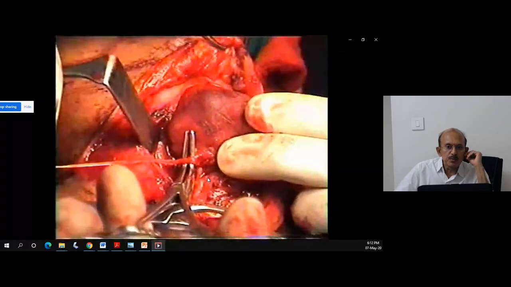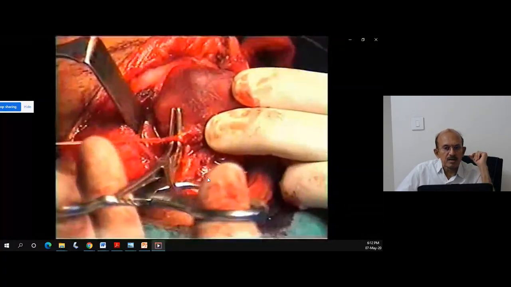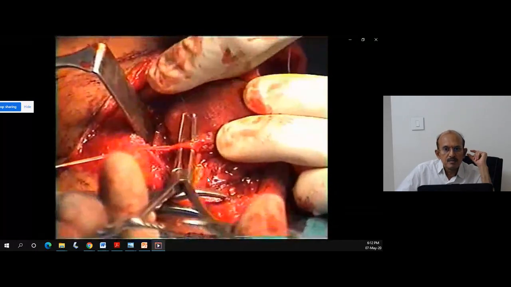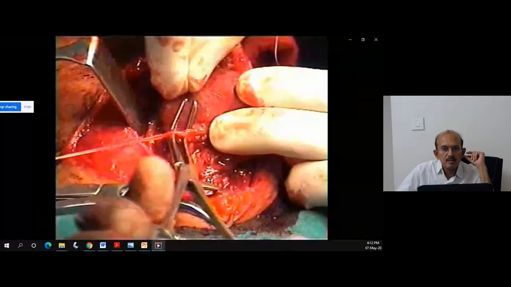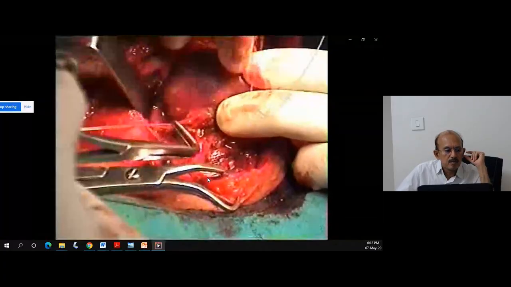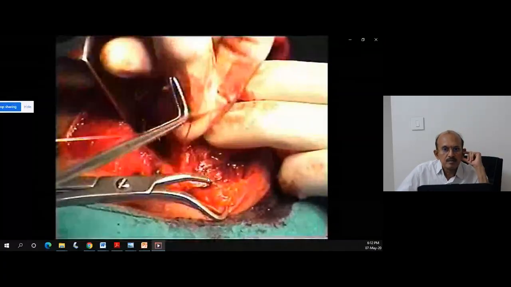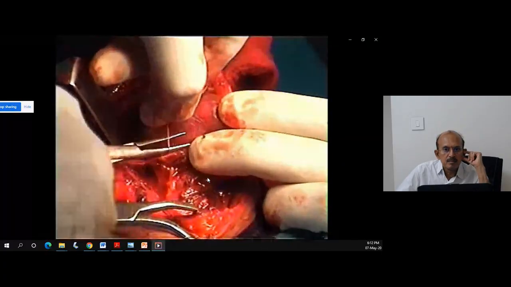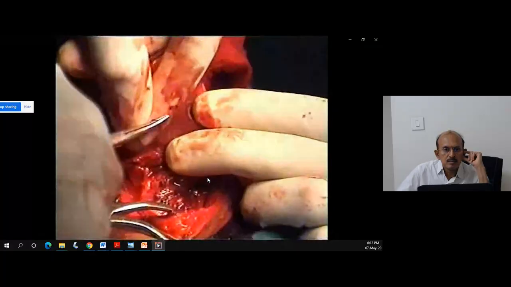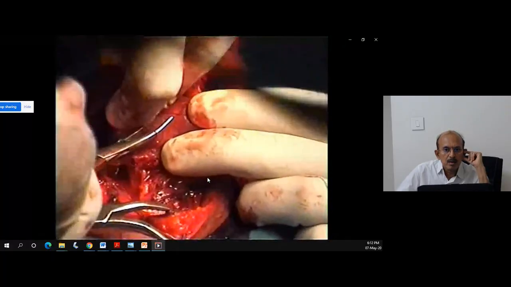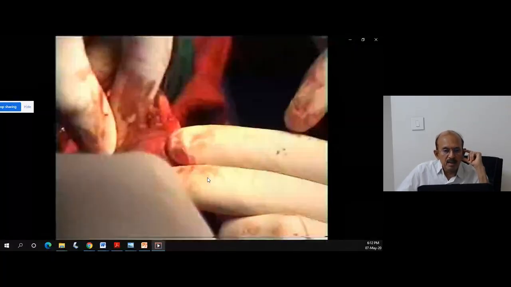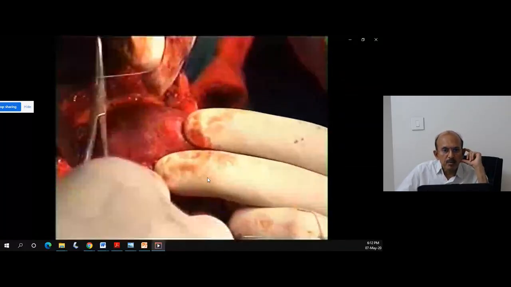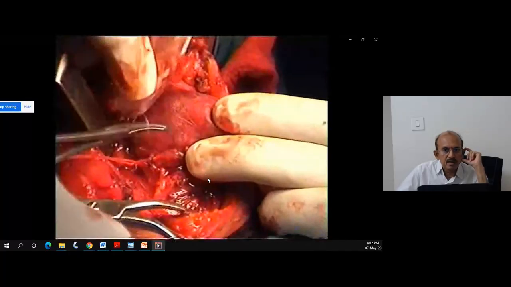Actually, in this case, the nerve is passing between the branches of the inferior thyroid artery. For you to appreciate, I am ligating each vessel, but usually what I do is I coagulate them with bipolar diathermy forceps.